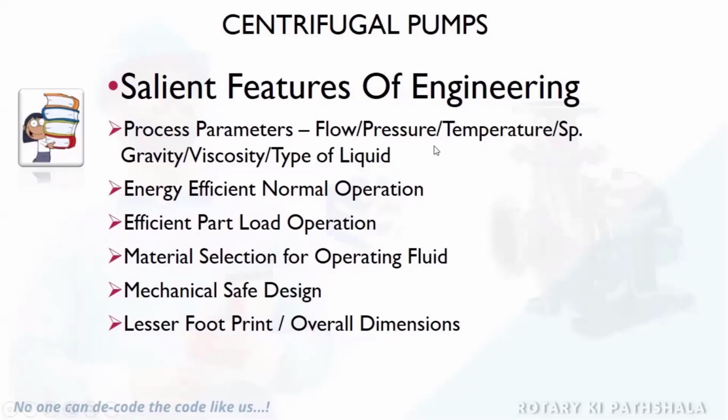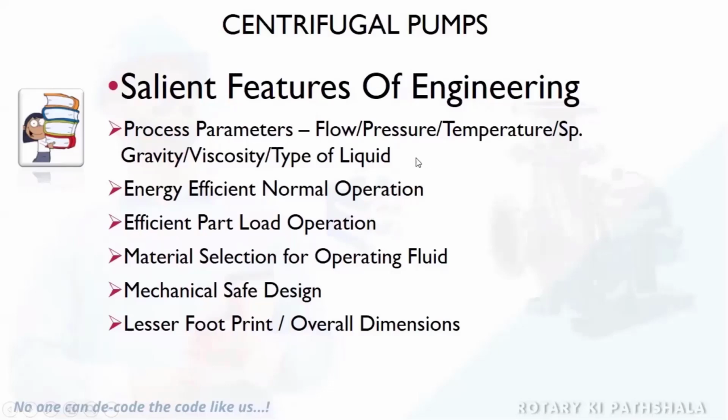What you will be doing as engineering: the basic thing is that the offer submitted by the equipment supplier should be verified for the given parameters: flow rate, pressure, temperature, specific gravity, viscosity, and the type of liquid. Whether the offered equipment is suitable for the given parameters, which are called the process parameters. Second comes energy efficient normal operation.